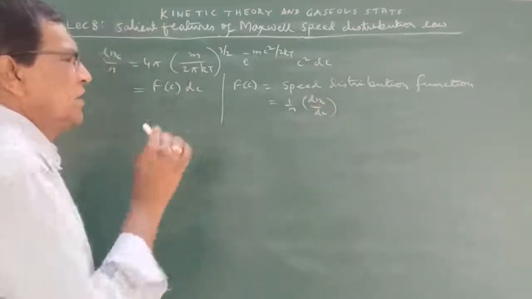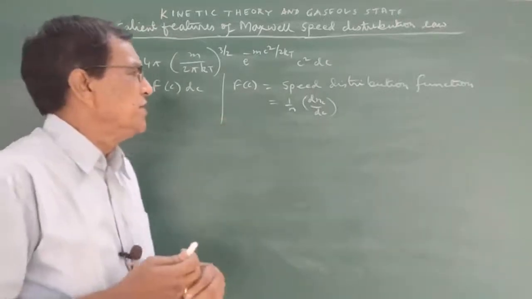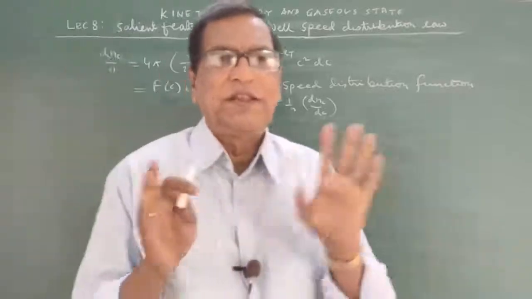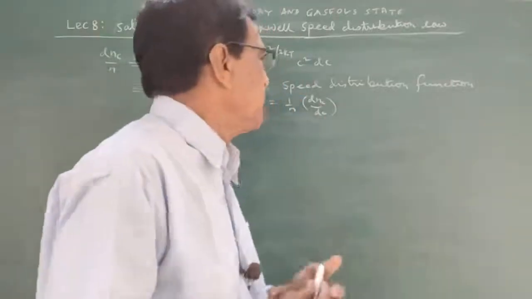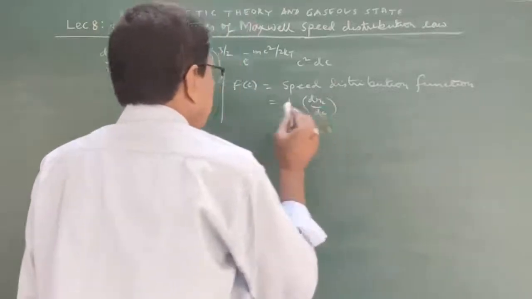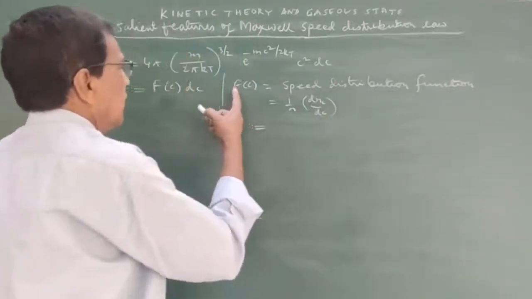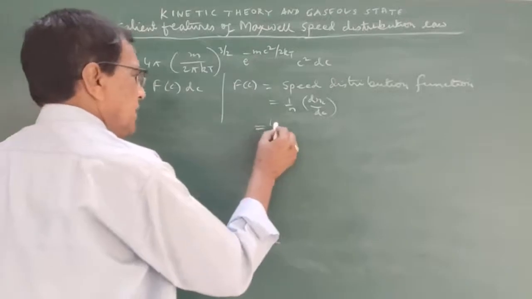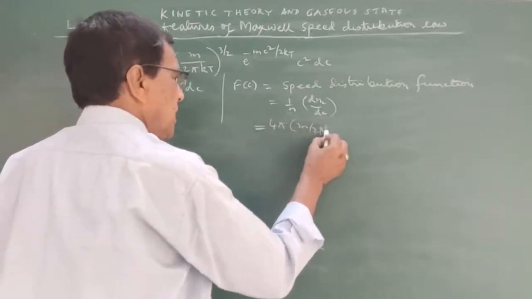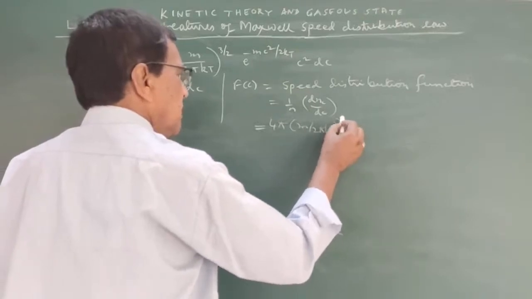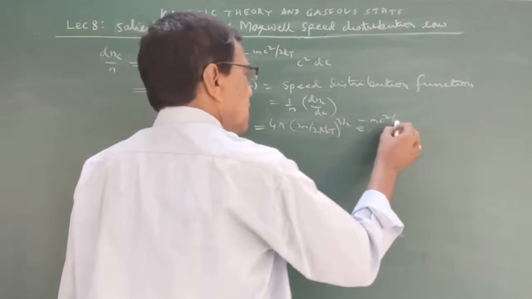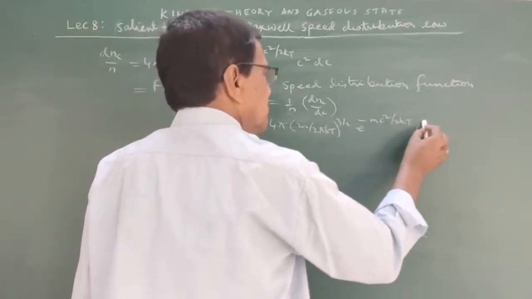It is the fraction of the molecules having the speed c within the range, divided by dc. The expression of Fc is 4 pi times (m by 2 pi kT) to the power 3 by 2 e to the power minus mc square by twice kT, and c square.